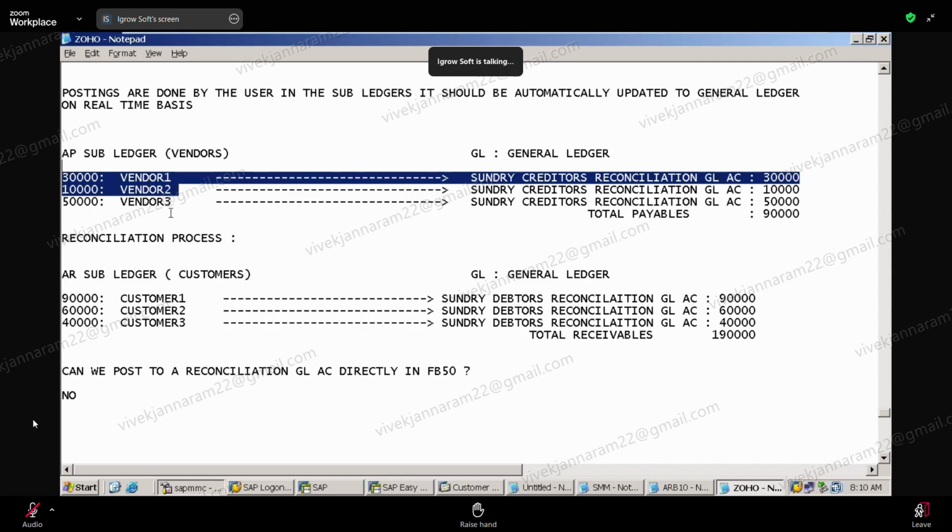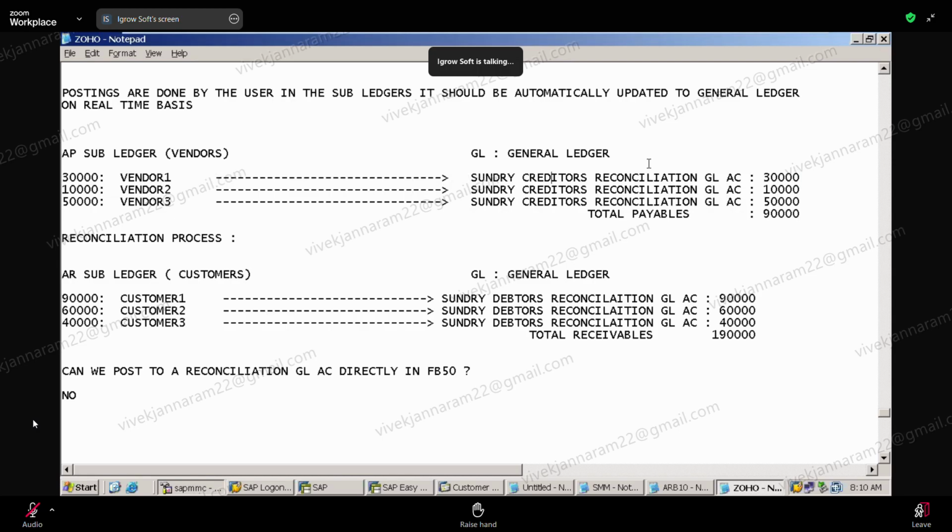All the vendors are connected to the same account, the sundry creditors recon account. So when he's posting to all these vendors, all these amounts will come into this account also. Total payables, how much is it now? 90,000. This 90,000 I can see in the sundry creditors account.